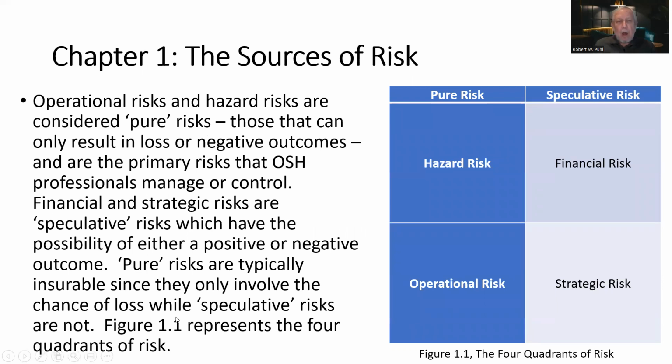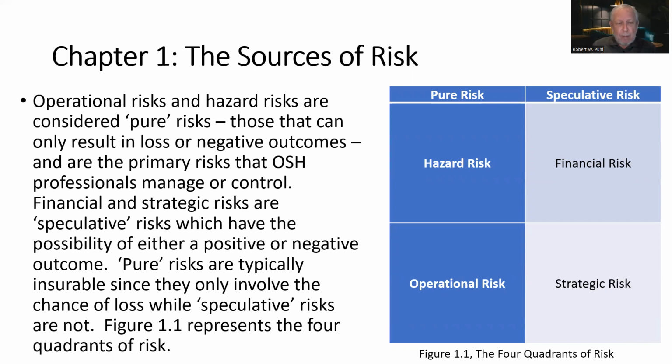Operational risks and hazard risks are considered pure risks, those that can only result in loss or negative outcomes, and they're the primary risks that OSH professionals manage or control. In other words, you want to prevent something from happening that's going to be a negative outcome. Financial and strategic risks are speculative risks, which have the possibility of either a positive or negative outcome. Pure risks are typically insurable since they only involve the chance of a loss, while speculative risks are not.